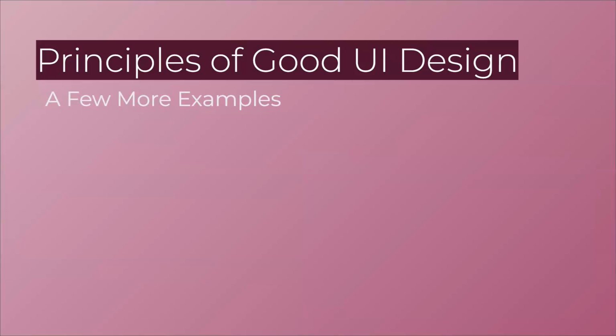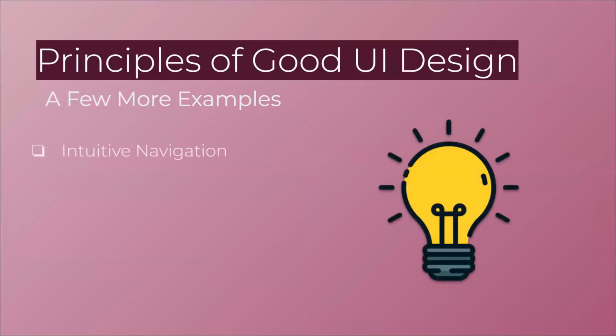So there are a few more examples of what would be considered good UI principles. I put all of these in the same category because they fall under visual aesthetics. So intuitive navigation means ensuring the user can very easily explore the website. So nav bars, menus, stuff like that, they're easy to read and they're easy to follow.